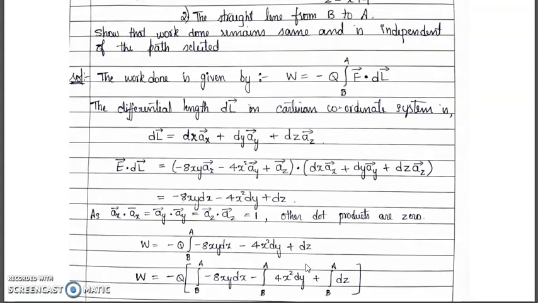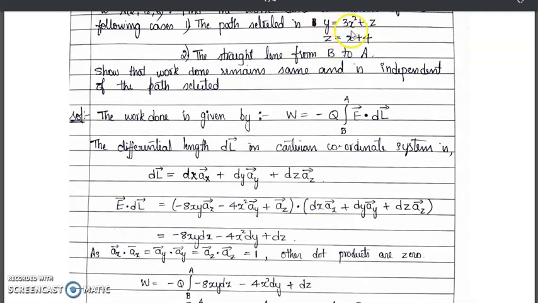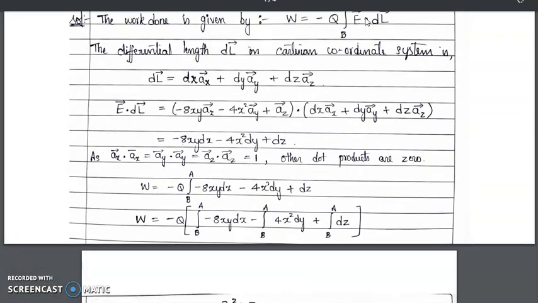We know that y is equal to 3x square plus z, and they also gave z is equal to x plus 4. Using these two equations we will convert the y terms into x terms, because if there is only one variable, then we can integrate easily. Otherwise the other term will remain there, and you can't integrate. That's why we are converting the y terms into x terms.